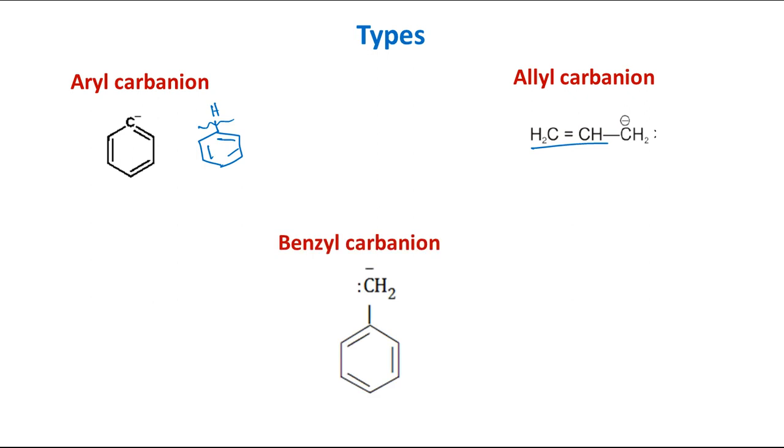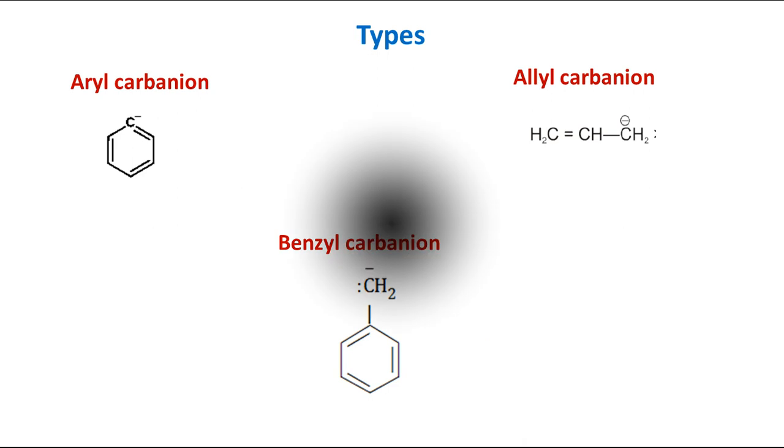And then we have benzyl carbanion. For benzyl carbanion, just think about toluene, and if you remove one of these carbon-hydrogen bonds, then you will get this Ph-CH2 minus. Here also the probability of conjugation is present. Okay, so these are the different types of carbanion.